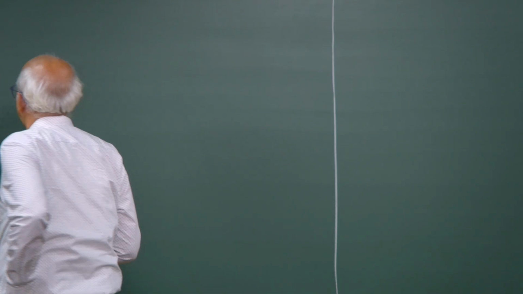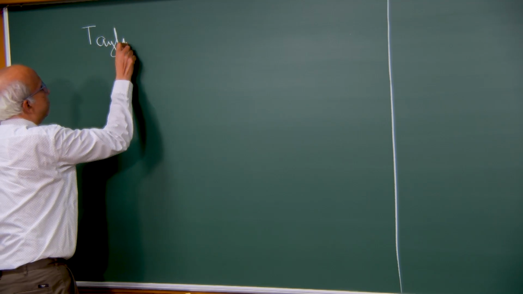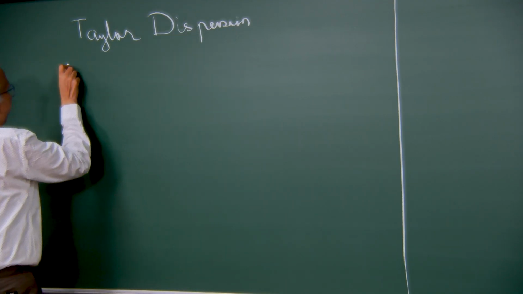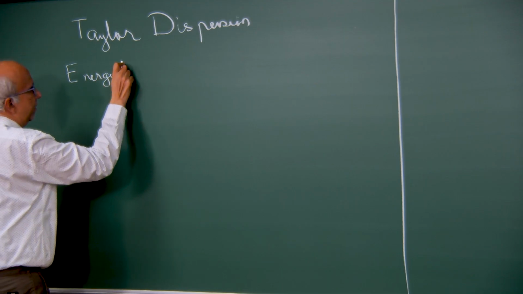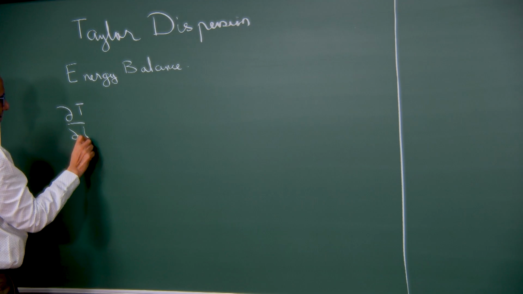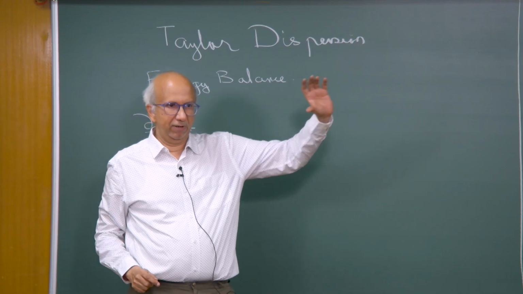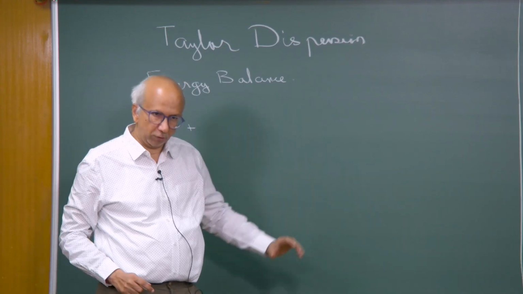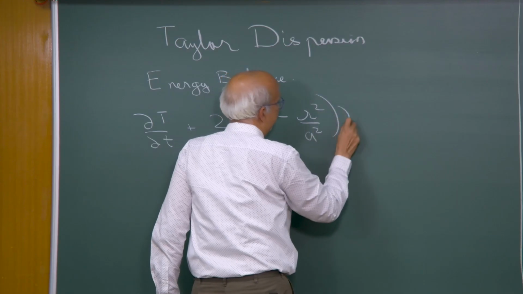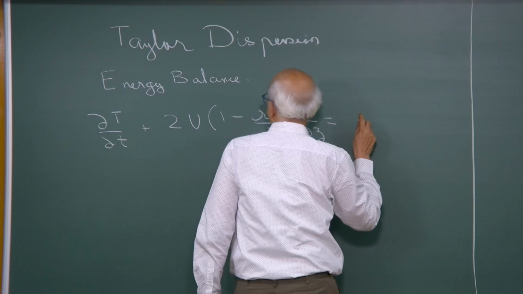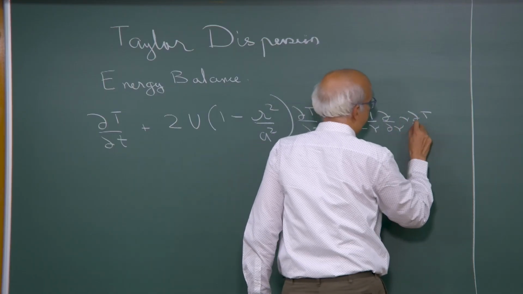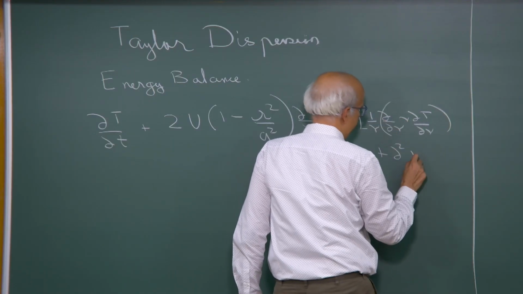So, the energy balance equation for Taylor dispersion is basically dT/dt plus, since we are talking about a fully developed Hagen-Poiseuille velocity field, only the Vz component is there, given by 2u times (1 minus r squared by a squared) times dT/dz, equals alpha times 1 by r d/dr of (r dT/dr) plus d squared T by dz squared.